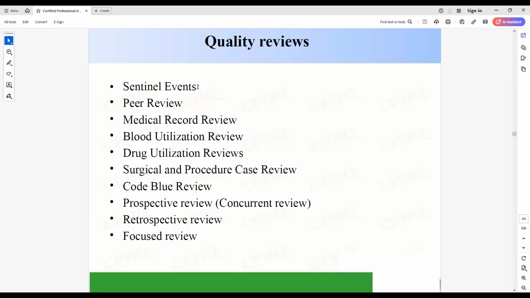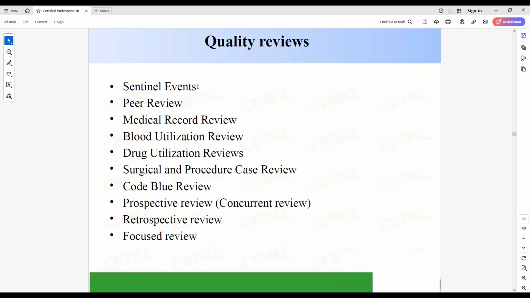When else is it used? When somebody is underperforming, which is usually brought up by either a patient's complaint or by an event review.